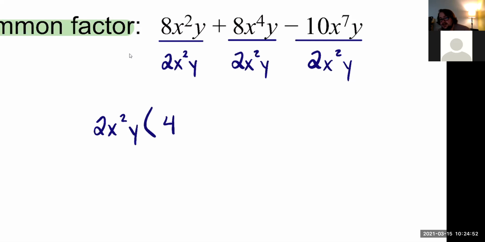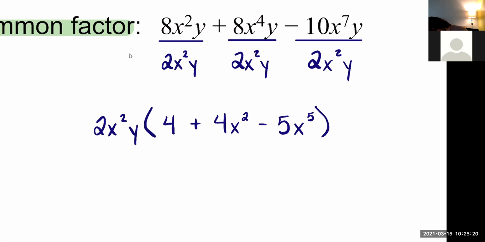So I move to the second term. 8 divided by 2 gives me another 4. X to the fourth divided by x to the second leaves me with x to the second. Y divided by y, y is gone. Negative 10 divided by 2 is a negative 5. X to the seventh divided by x to the second is x to the fifth, and y divided by y is gone.